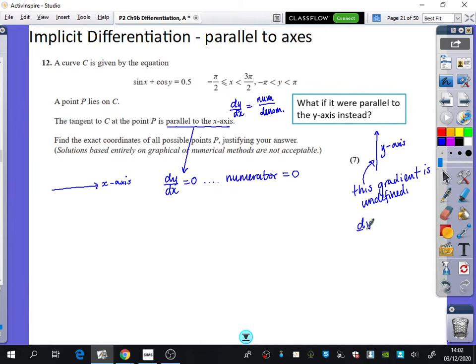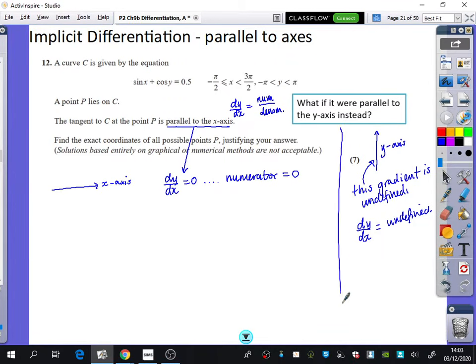So we're not going to say that we want dy by dx to be equal to something. We're going to say we want it to be undefined. When is this thing going to be undefined? When the denominator is 0. So far we were only interested in the numerator. If we make the denominator 0, you are doing a division by 0, which is undefined. So this is the trick for this one.